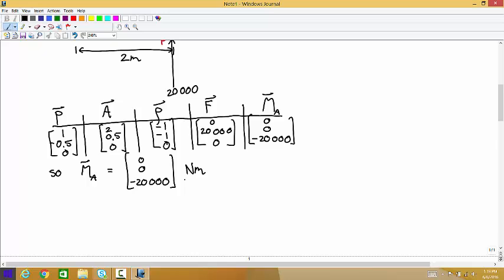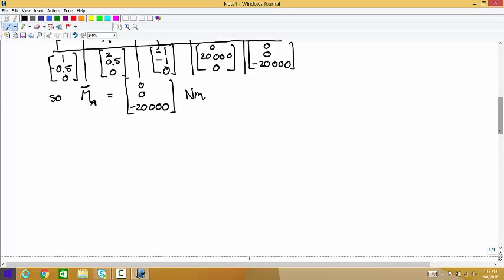Yeah, so I was going to say this on the next page, but I might as well say it here. So here are the things to keep in mind about moments. Notice, a moment is always a vector.